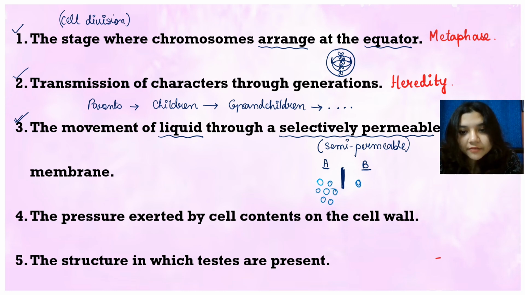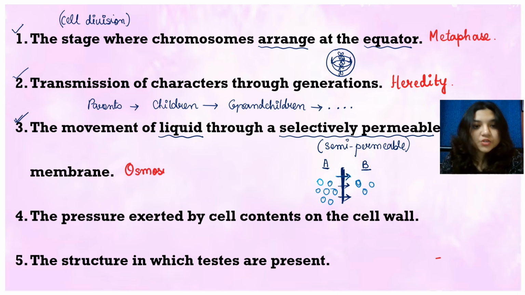In B, say we have 3 water molecules. Now what will happen? The water molecules will be moving from region A to region B, from where they are present in a greater concentration to where lesser concentration is present. Such kind of movement is known as osmosis. If you have written osmosis, that's a correct answer.